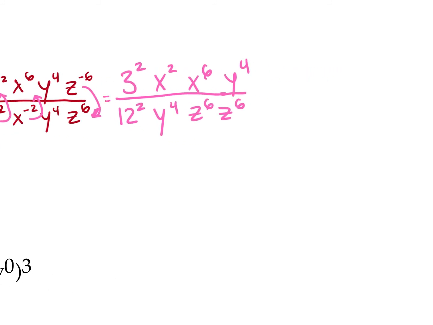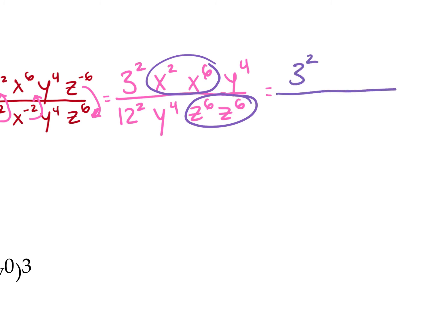What can I do next? Since I have two x's that are both on the top, I can add the exponents there. And the two z's on the bottom, I can add the exponents there. So this would be x to the 8th power, y to the 4th power over 12 squared, y to the 4th power, z to the 12th power.